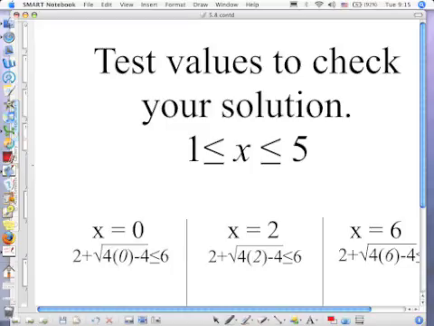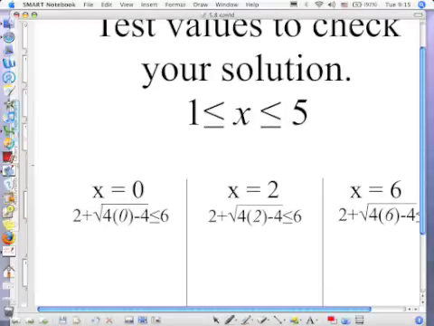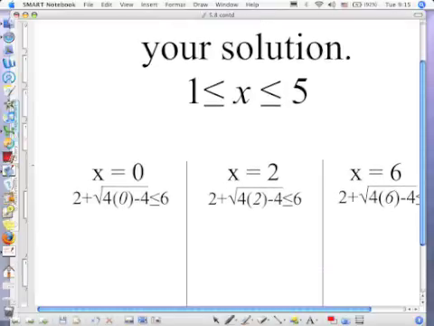Now, you remember how we had to test our stuff yesterday? Yes. Okay, well, we need to test here also. If I'm saying that the numbers from 1 to 5 do solve the inequality, I need to check that, and I need to make sure that numbers not included in that solution set do not solve the inequality.